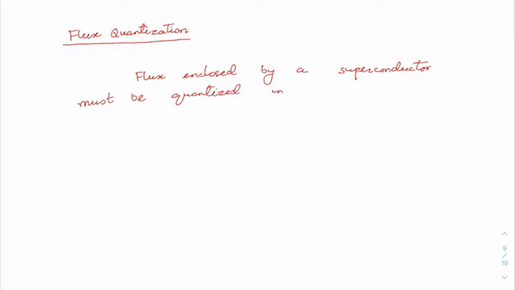So here I'm going to show that flux enclosed by a superconductor must be quantized in units of the flux quantum, denoted by phi 0 equal to h by 2e.